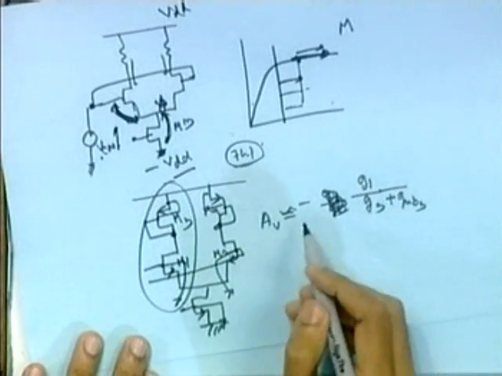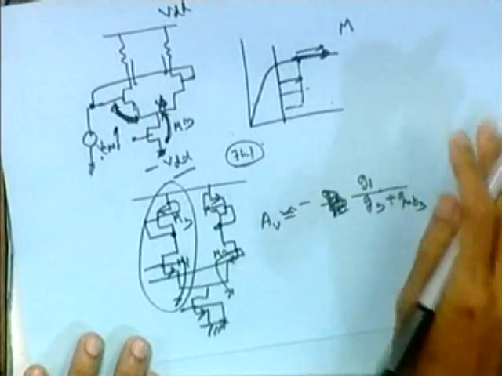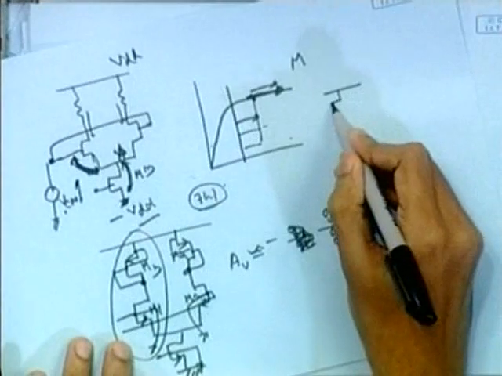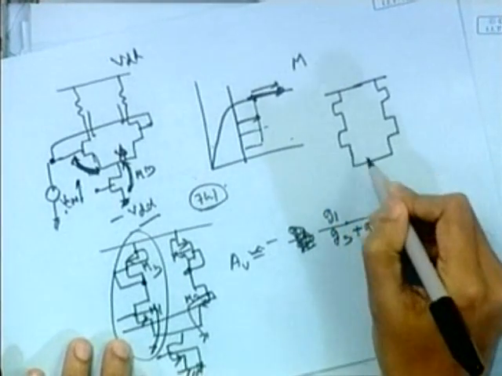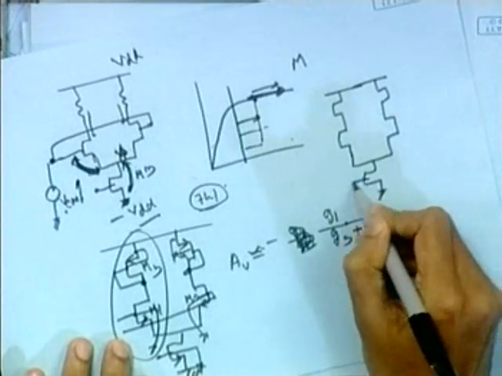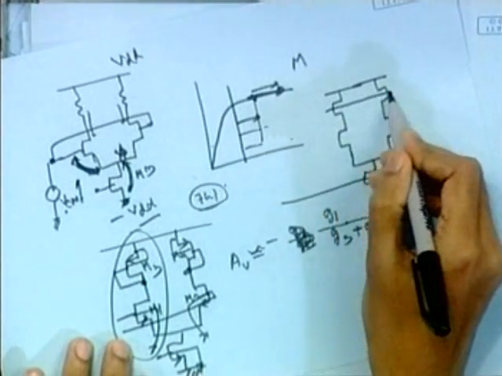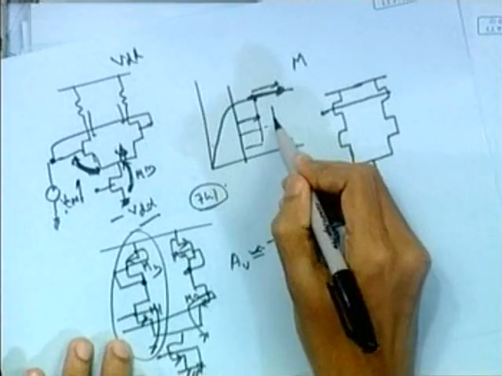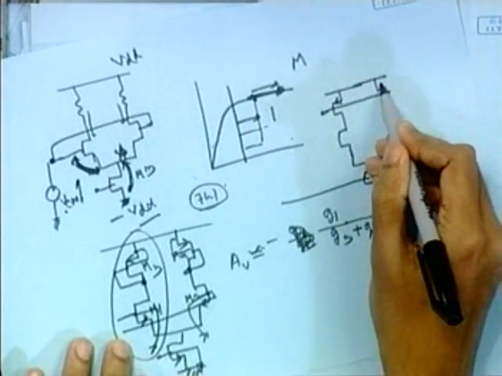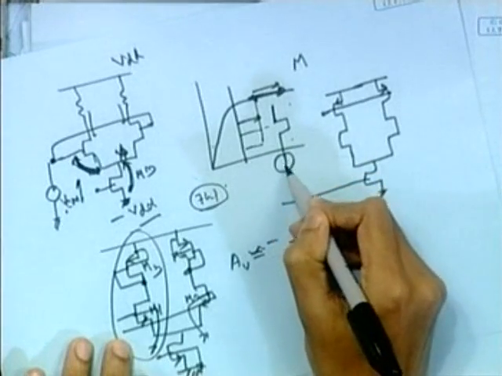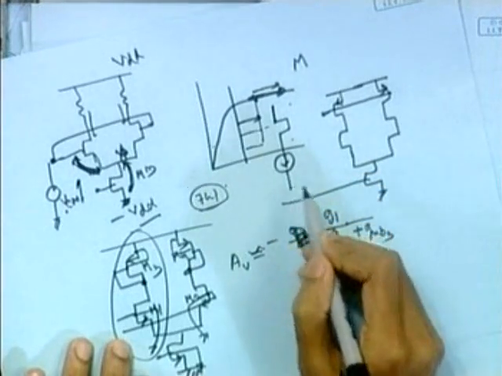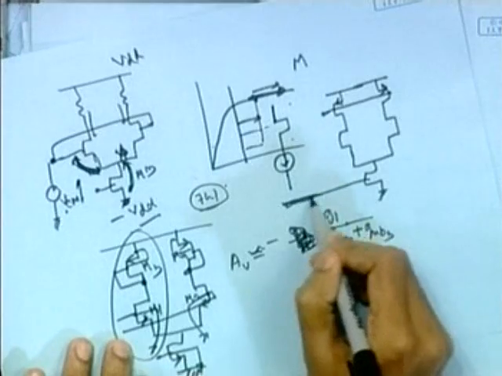So if we use constant current source load, our circuit will look like this one. This is our primary constant current source. These two will be operating as a constant current source load, PMOS device. You can have the same current, no, okay, the same current won't do.